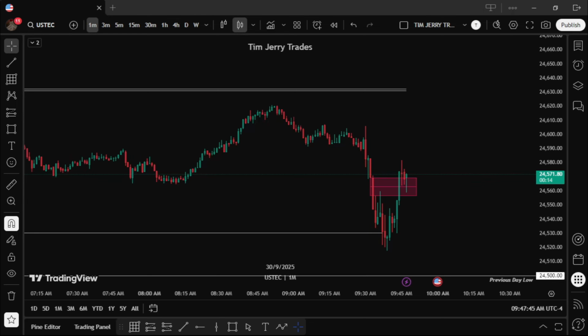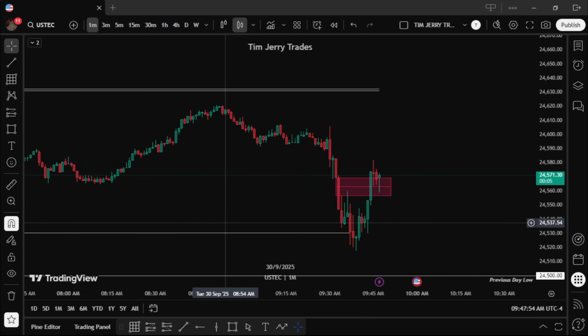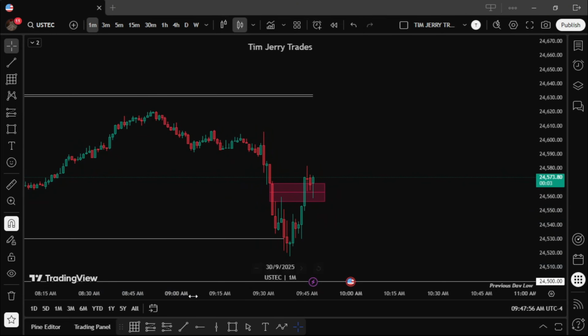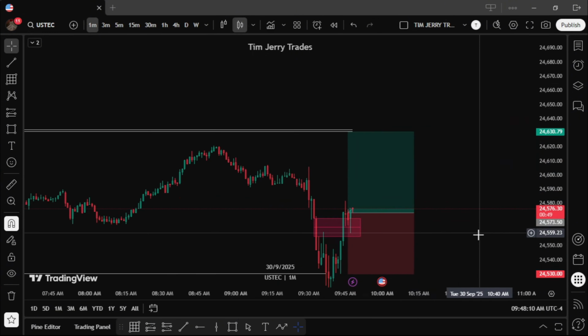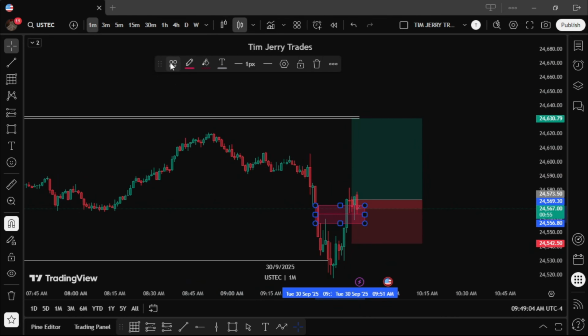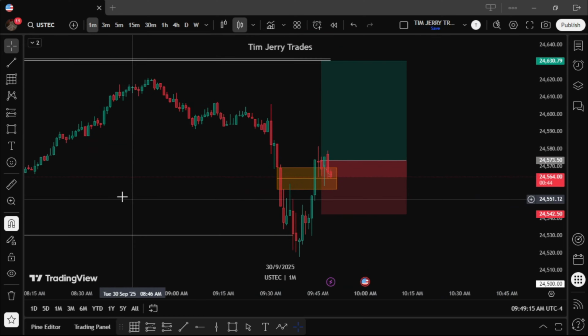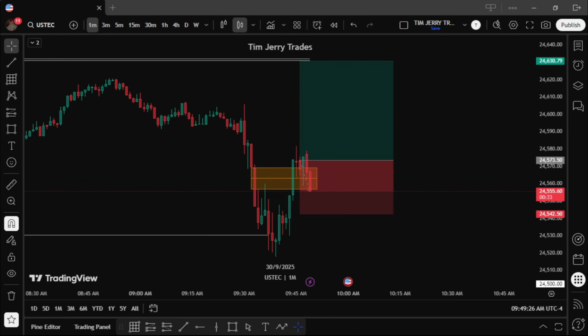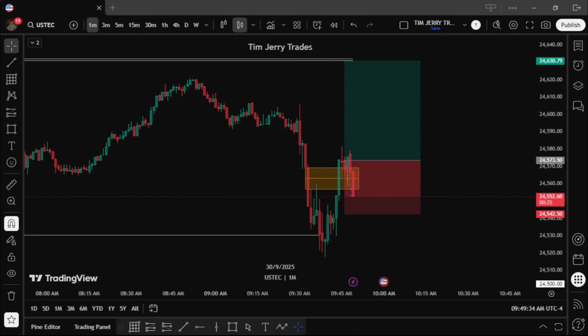So as I'm seeing price start to push to the upside regarding the SMT, I still ended up taking a buy trade, which was kind of not necessary. So I ended up still taking the buy trade, having that inverse value gap in mind. But still, man, it's still not necessary for me to take that buy trade.